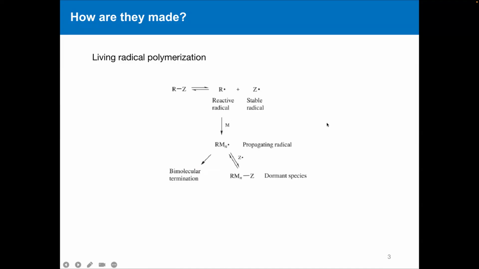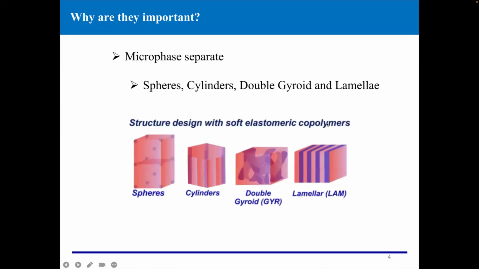Therefore, after knowing what a block polymer is and how we can make it, we must be interested in why they are so important. So why do we want to make this?